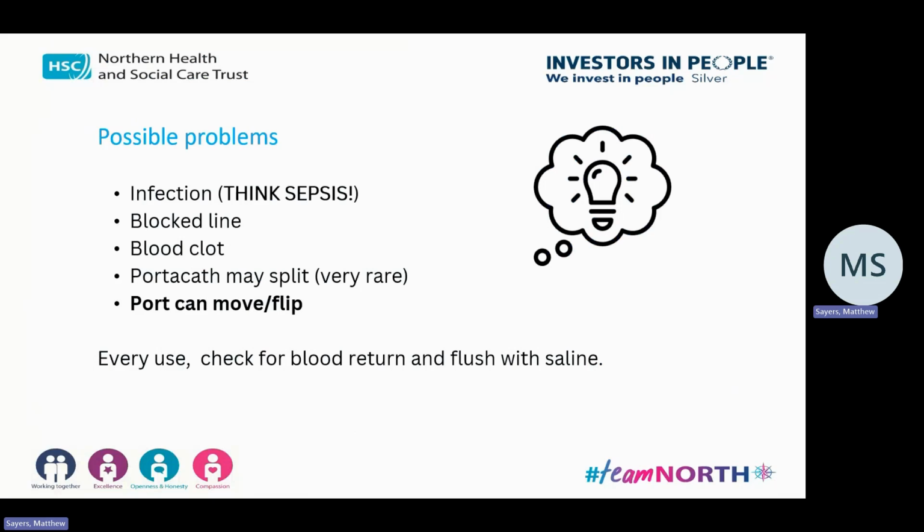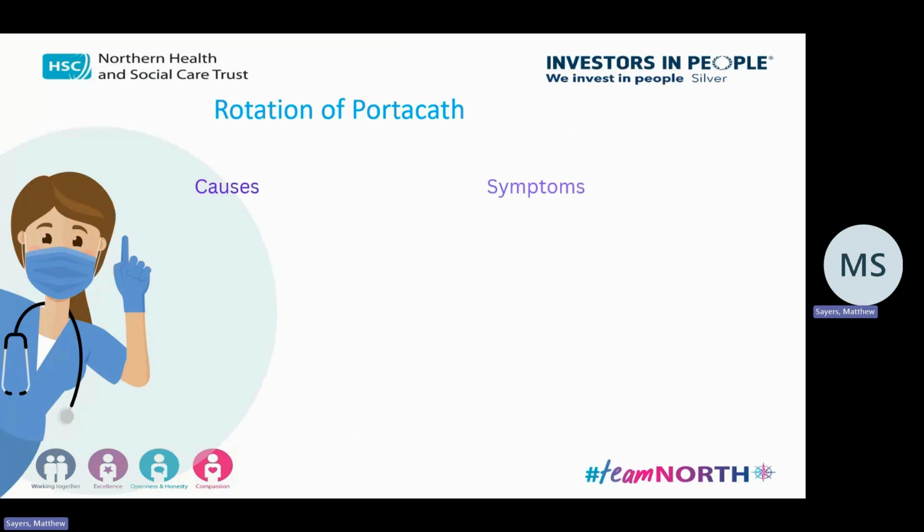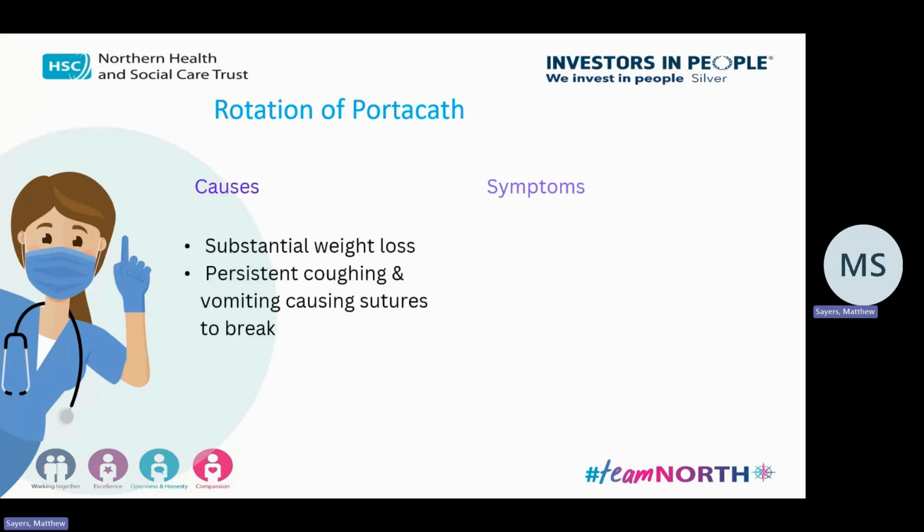Yeah, and the sutures. Well, we'll go through the causes. So that rotation can occur if the child has been unwell and has had substantial weight loss since it was put in, and if they were persistently coughing or vomiting, it could have released some of those sutures. But to be fair, the ones that we've seen, there hasn't really been a cause.